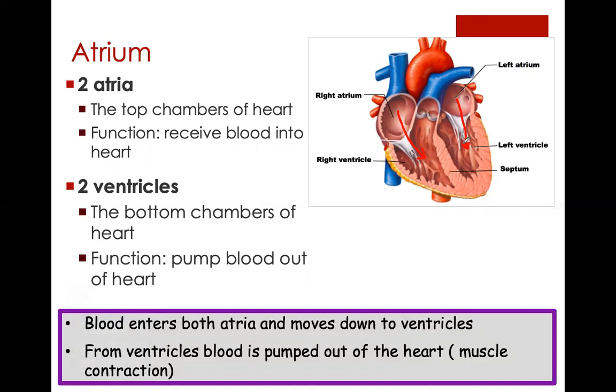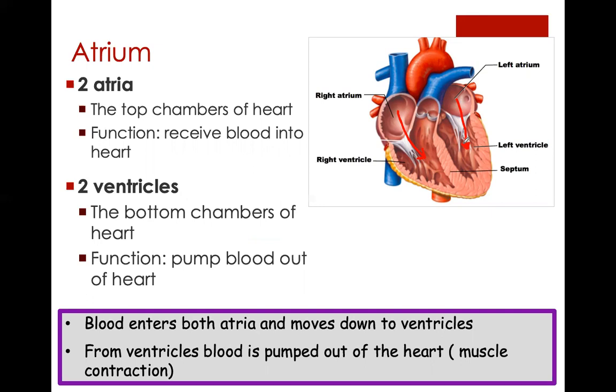When the blood is in your ventricles, right or left, the chamber contracts, which creates what we identify as the pumping action that pushes the blood out of your heart. So if I ask you what the main difference between the atria and the ventricle is: the atria's job is to receive blood, and the ventricle's job is to pump blood out of your heart.